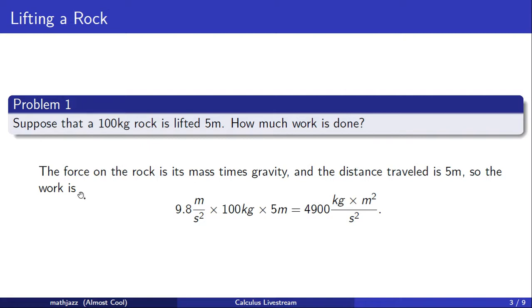Well, this is not so bad. The force on the rock is the mass times gravity. Mass is not a force. If we're doing a problem in the standard system or the imperial system or the US system or whatever you want to call it, then you're given a force of an object, not the mass of the object.